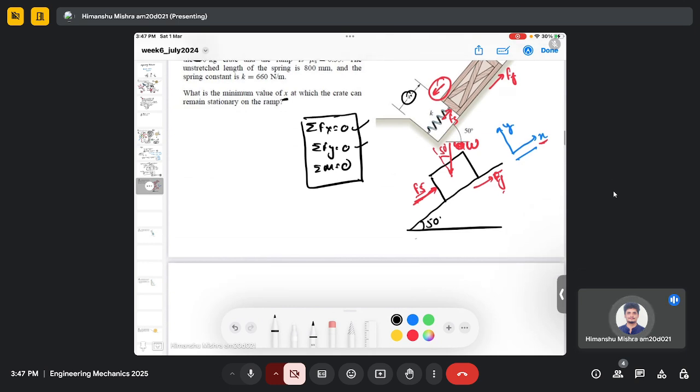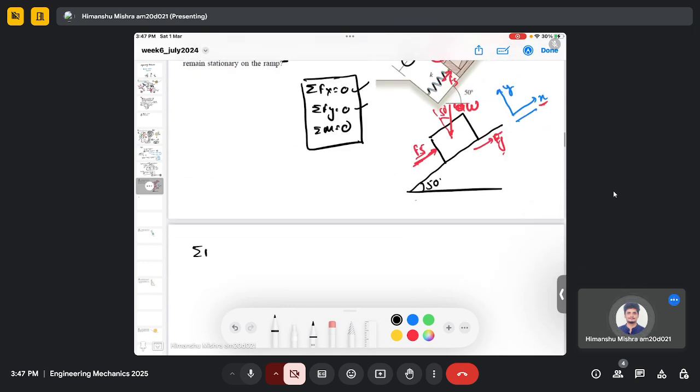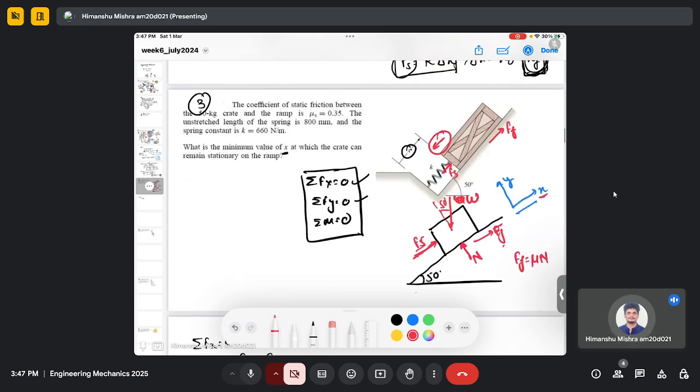So if I do the force summation in the x direction, then I will have here Fs plus Ff. Sorry, there will be a normal reaction force also, let's say N, because here we can write Ff as mu N, and mu is given as 0.35.